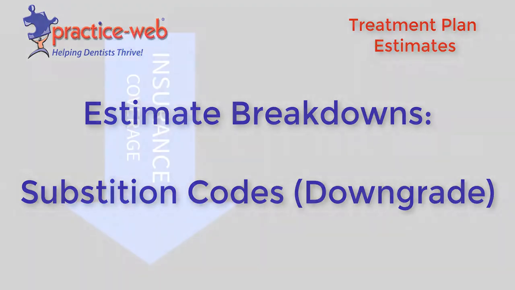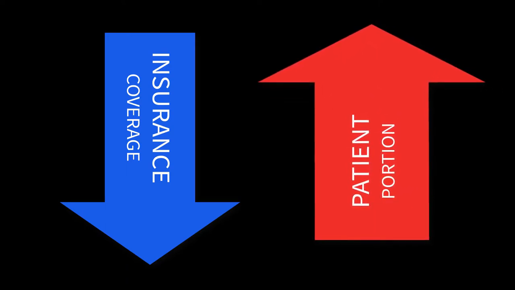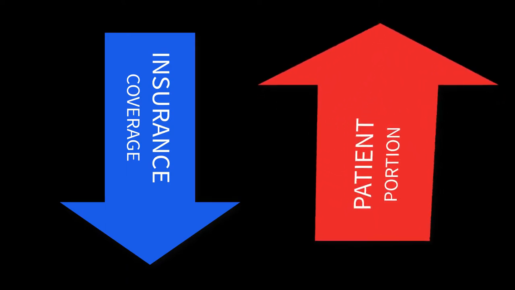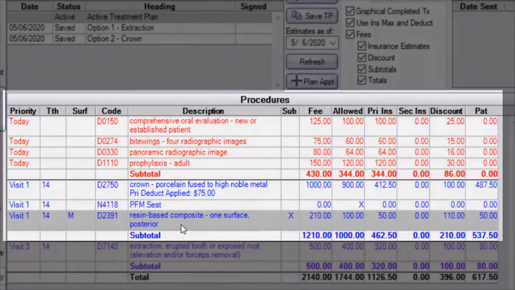Because a patient's coverage lessens, the remaining balance owed by the patient will add to their portion. The most common application of this is when a patient has completed a composite procedure. Let's say a one surface, or D2391, and the office usually charges $210.